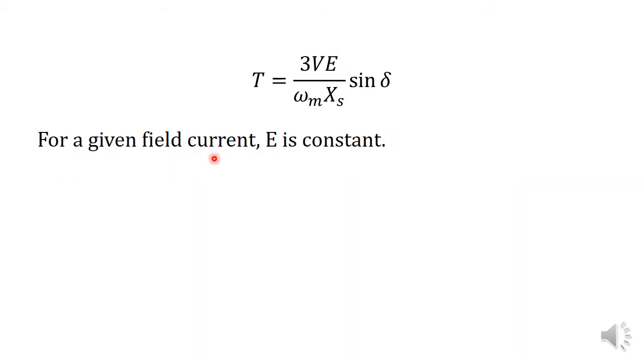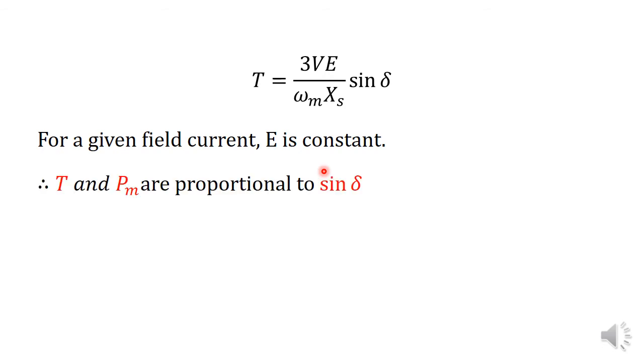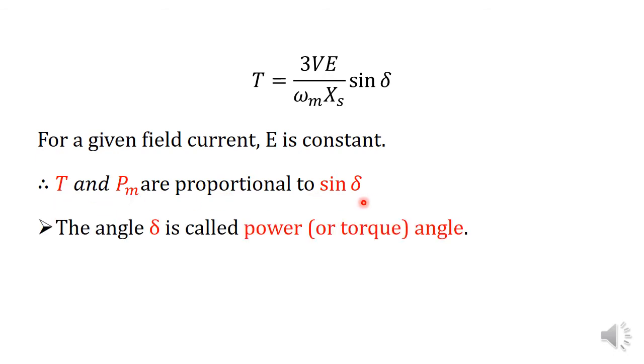For a given field current, the value of E will be constant because E is the excitation voltage, and for a given field current the excitation voltage will be constant. That means the torque and power, as we already said, T and Pm are proportional to sin delta. The angle delta is called the power angle or torque angle.